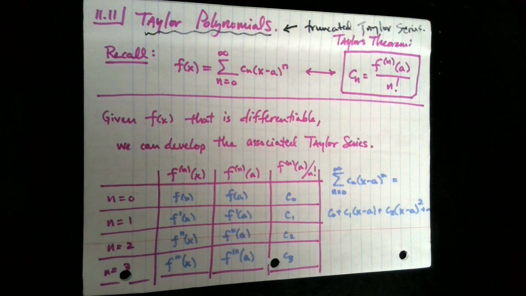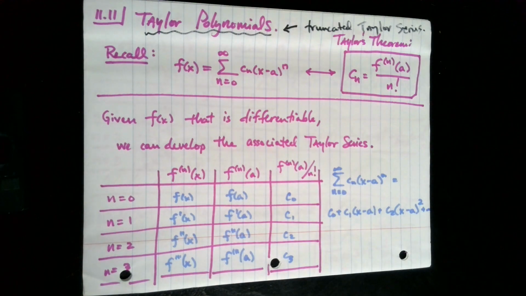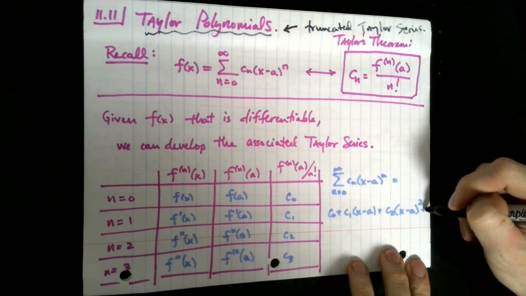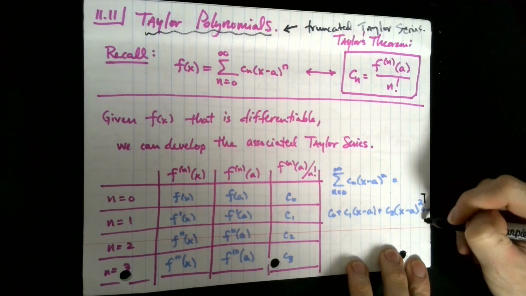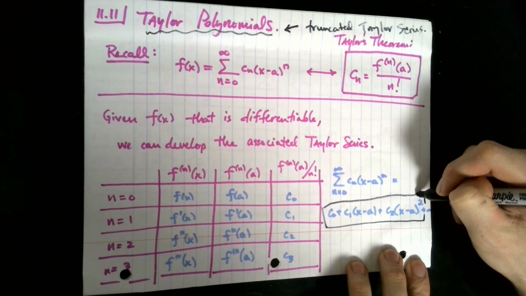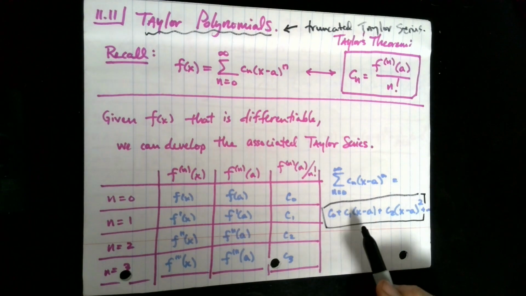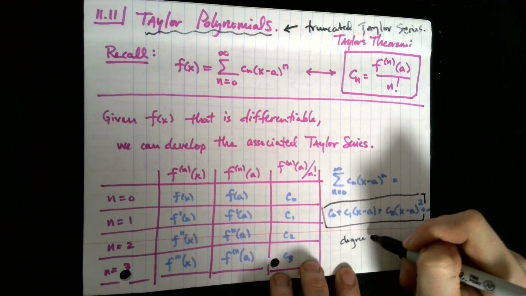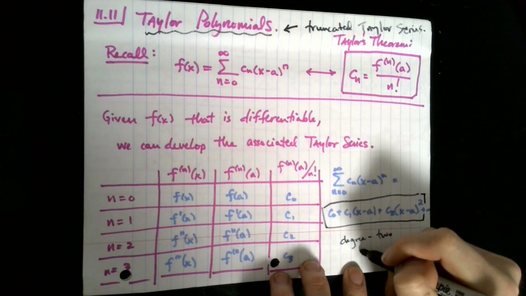And so what we're going to be talking about are Taylor polynomials, which is essentially looking at your Taylor series and cutting it off eventually. For example, if I disregard the dot dot dot and instead focus strictly on the terms of degree 0, degree 1, and degree 2, this would be an example of a degree 2 Taylor polynomial.